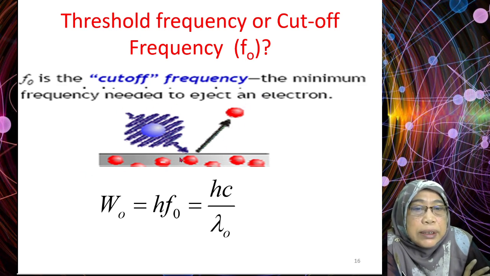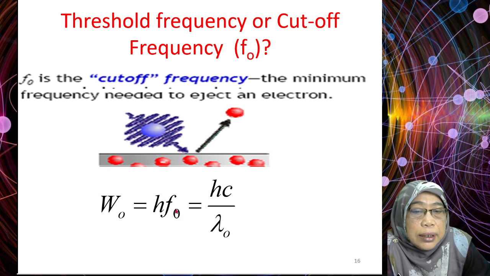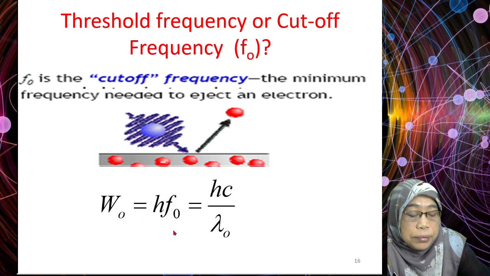So based on this metal target, what is the minimum frequency needed just to eject an electron? The work function W0 equals hf0, and when you use the wavelength, it is equal to hc over lambda 0. The frequency here refers to the incoming light. The incoming light has given enough energy for the work function.